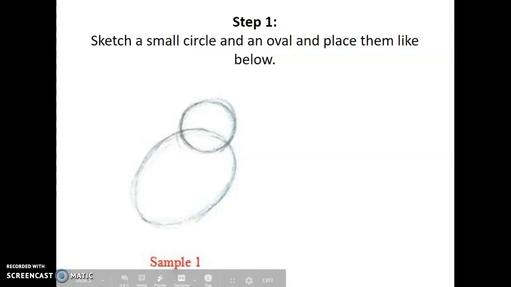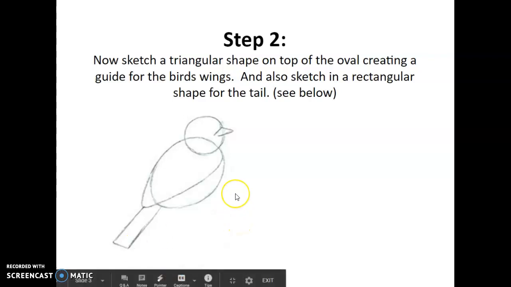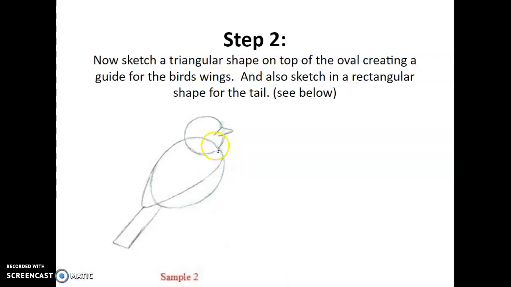And do you remember when we do sketching, we don't press down really hard with our pencil, okay? Now, the next thing that you need to do is sketch a triangular shape on top of the oval, okay? Can you see here? Creating a guide for the bird's wings.